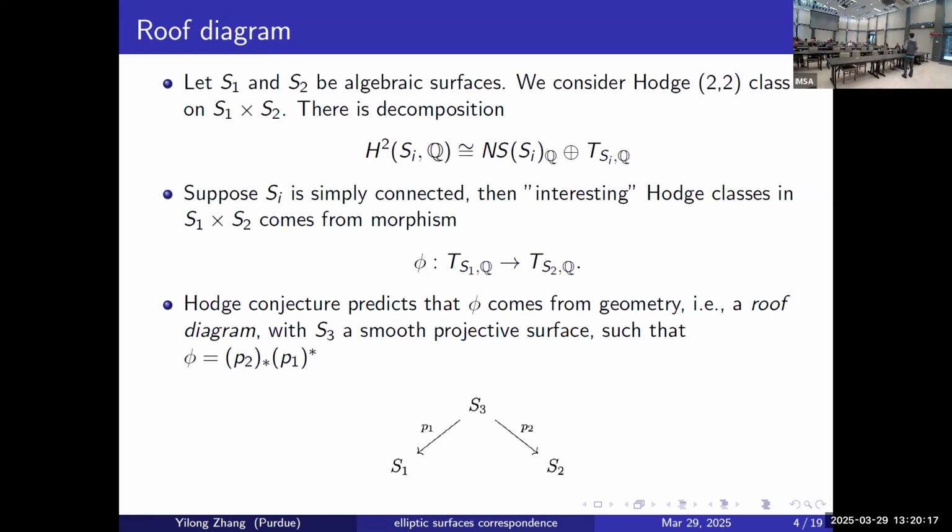No, it's in general not a graph. That's the point. If it's the graph of a function, then it gives you this correspondence, it gives you such a roof where maybe S3 equals S1.